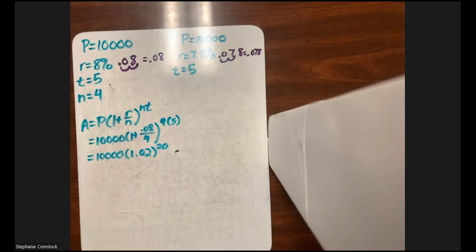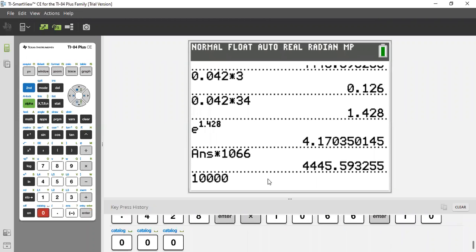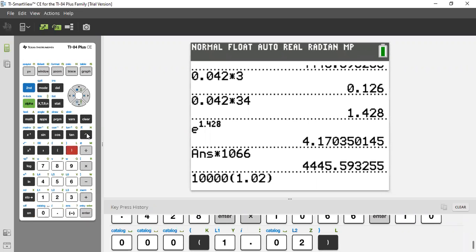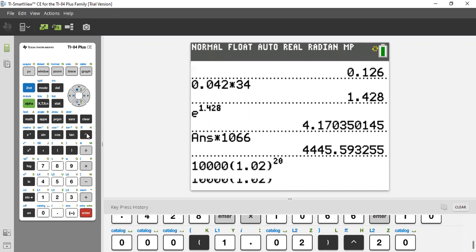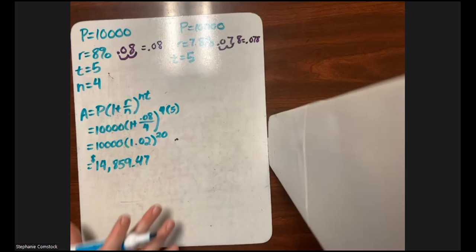So I'm going to pull my calculator and let the calculator do some work for me. I have 10,000 times 1.02 to the 20, and I get $14,859.47. We're dealing with money, so it would be logical for us to go 2 decimal places. Okay, so there's where we got that one.